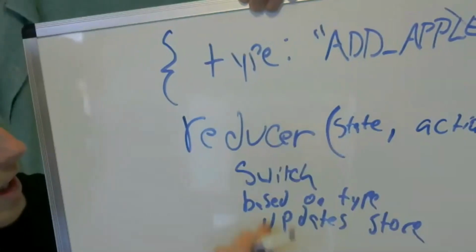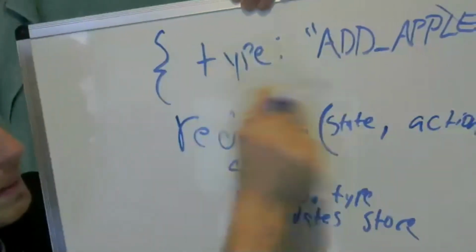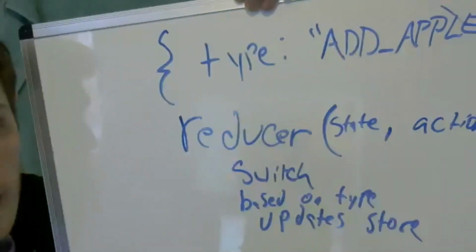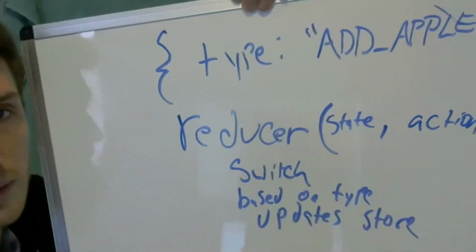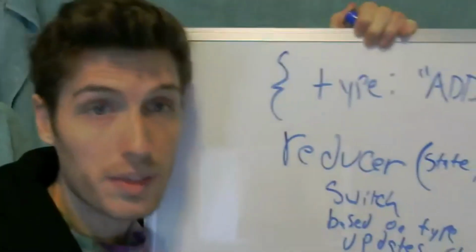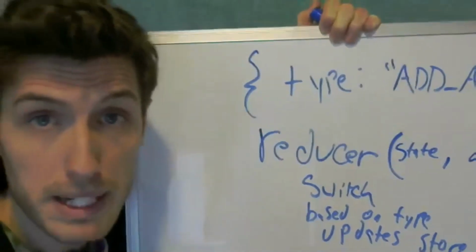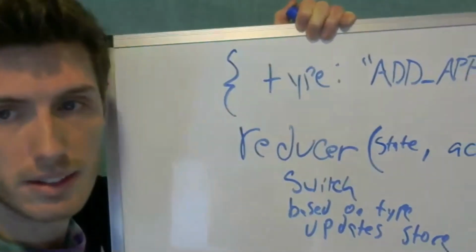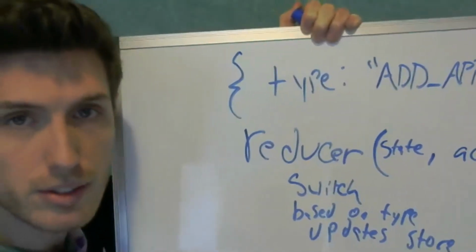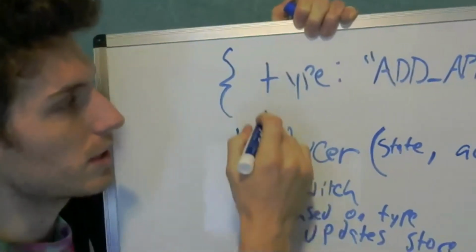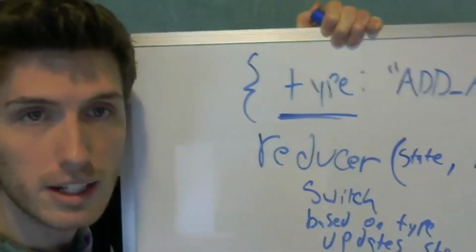Our reducer says, in the case of action.type, in case of add apple, do one thing. If it's add banana, do another thing. If it's add something else, do that something else. So it's looking at this type property in our actions.